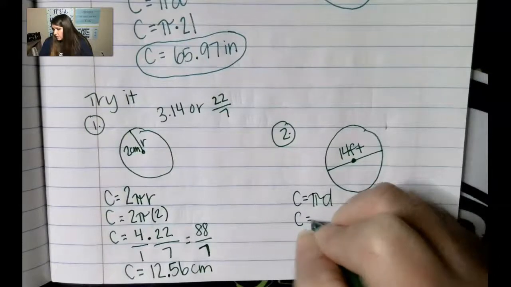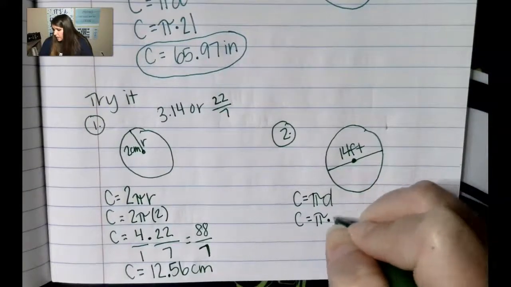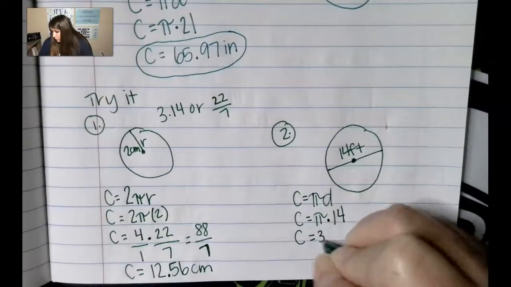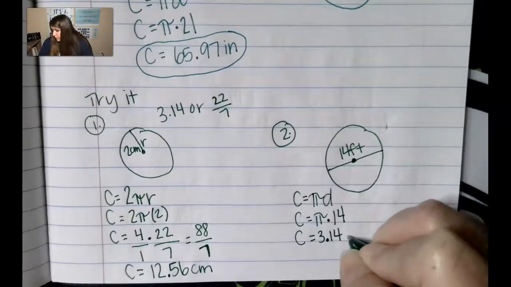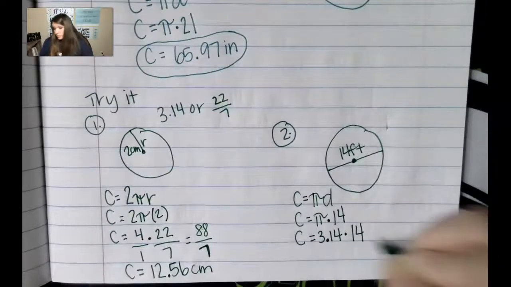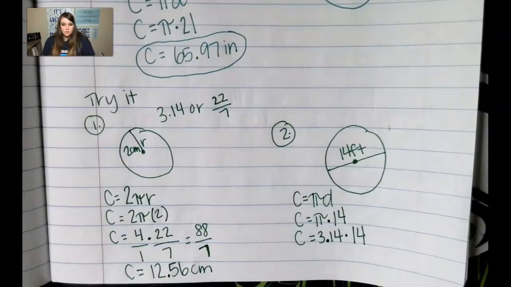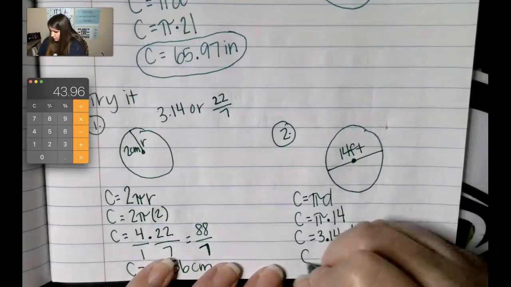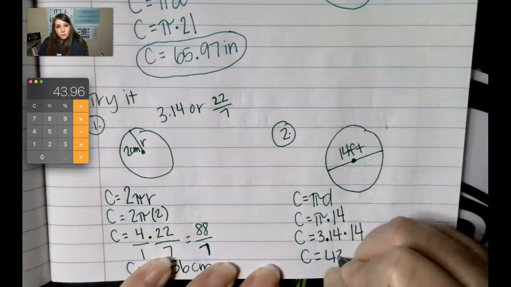So circumference equals pi times 14 feet, or circumference equals 3.14 times 14. And again, we can just pull our little calculator out, clear it out, and do 3.14 times 14. So our circumference equals 43.96 feet.